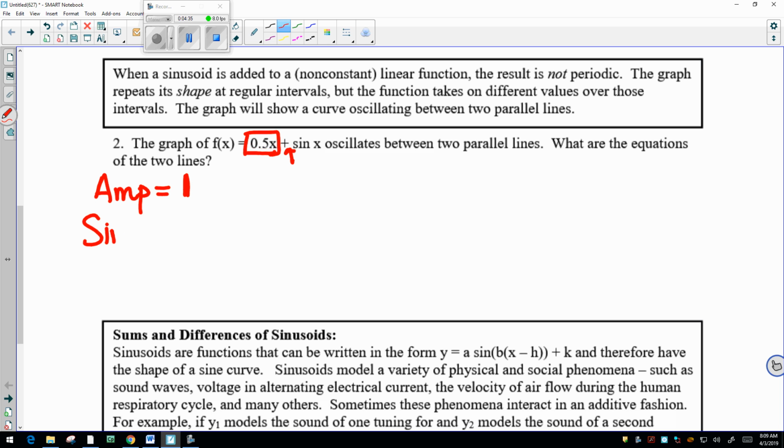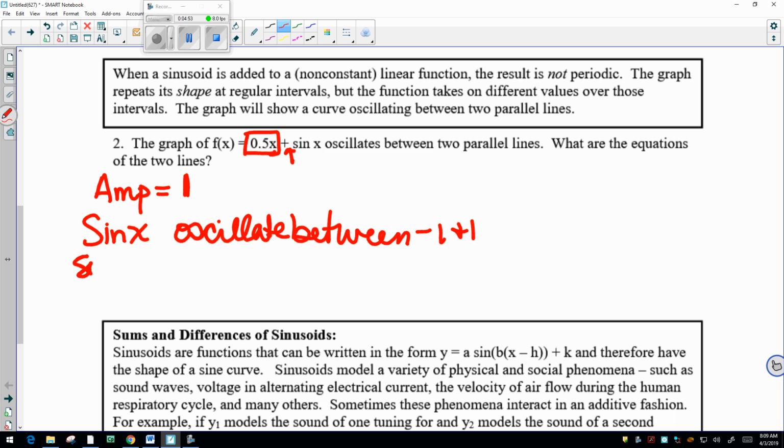So if we were to put this into words, I could say sine of x is going to oscillate between -1 and 1. That's coming from the amplitude. So if I'm thinking of that linear function, that 0.5x part of that function, I can think up, because it has to go up that positive one. So I can say up at y equals 0.5x plus 1.